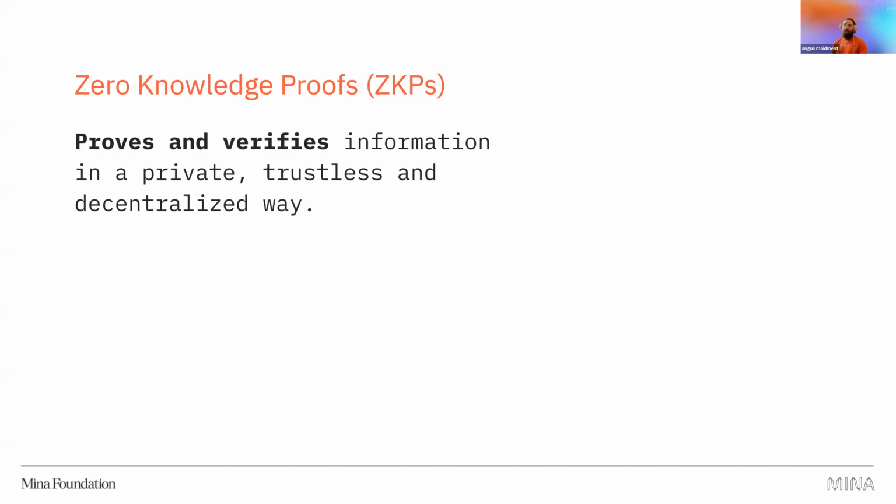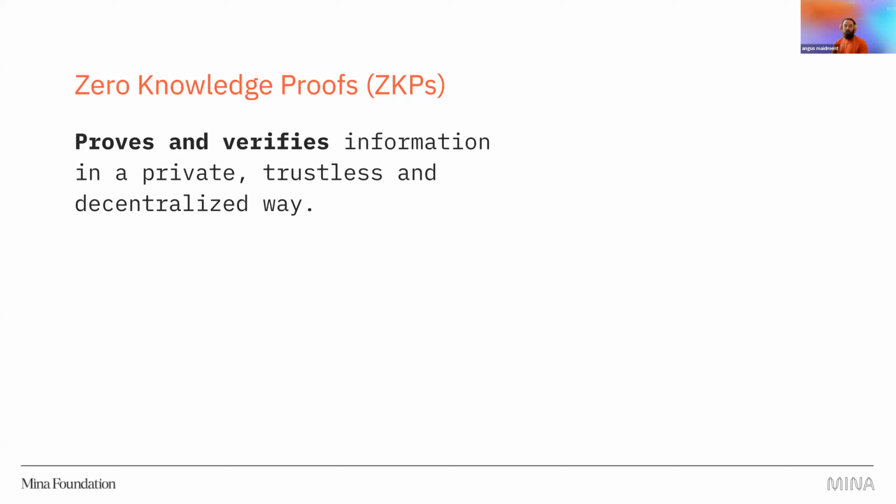So first of all, ZKPs, right? Zero knowledge proofs. Now, if you've been around in blockchain for a while, you may have heard the phrase ZK. A lot of people are talking about ZK or zero knowledge cryptography because it's very good for certain things that we need for blockchains, right?